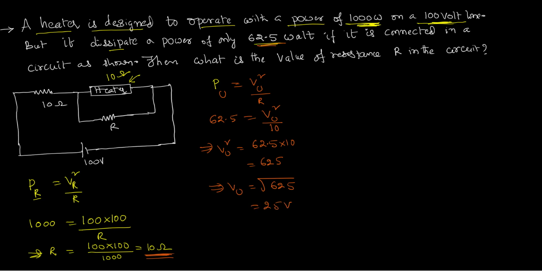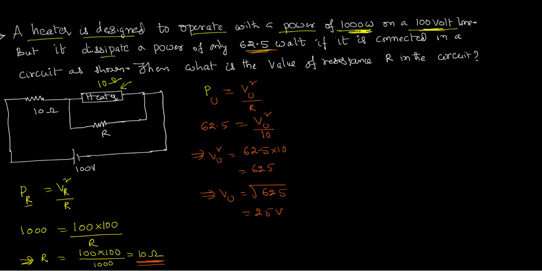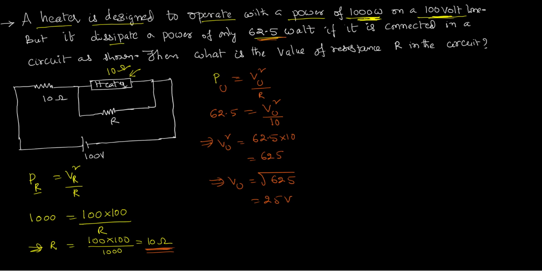So we have calculated one more thing. There is a voltage drop of only 25 volts across this heater. Let us see what is happening in the circuit. This is a 100-volt source. Current starts from here.